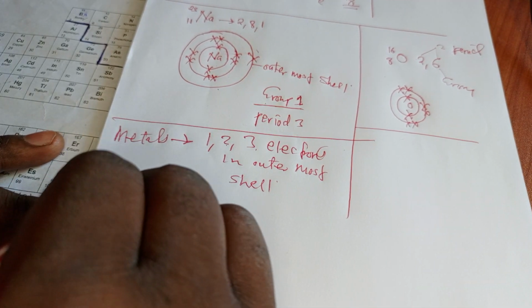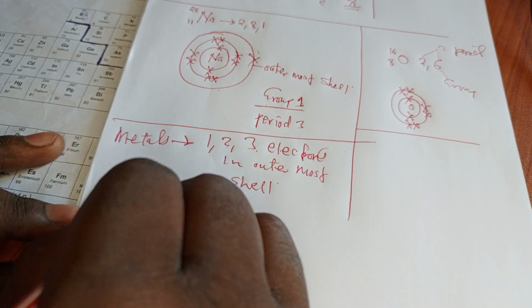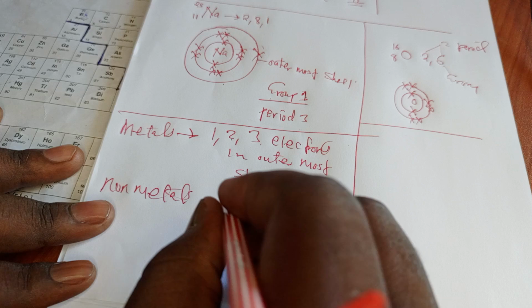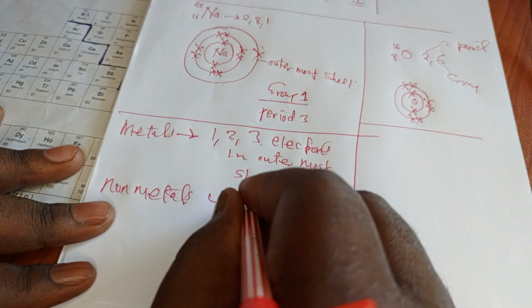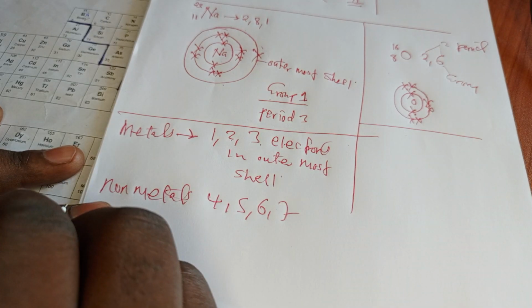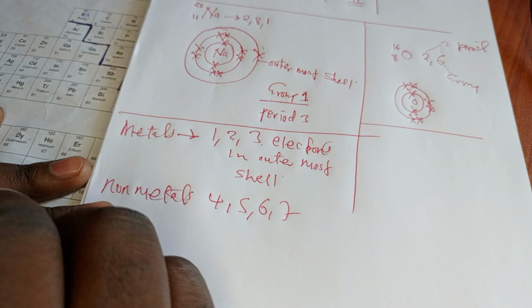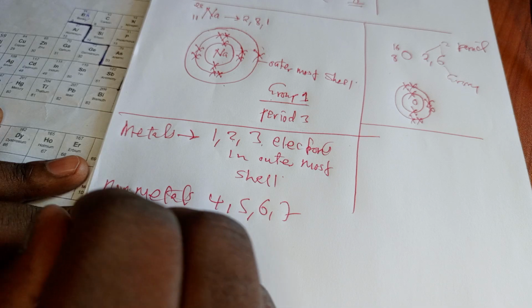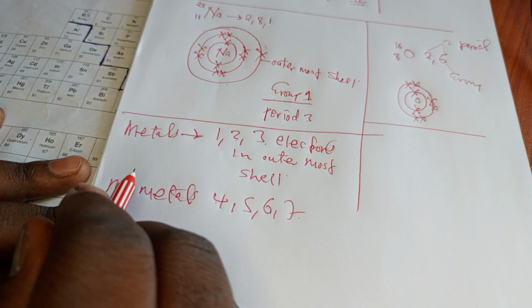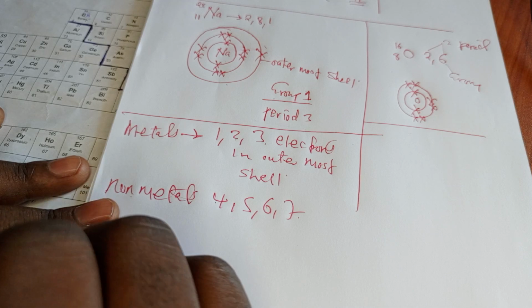The non-metals have 4 or 5 or 6 or 7 electrons in the outermost shell.